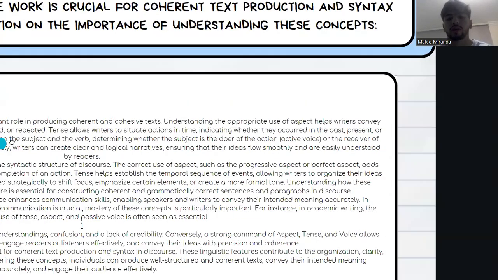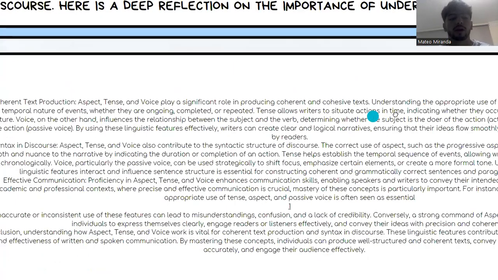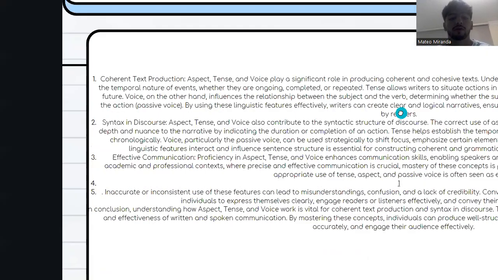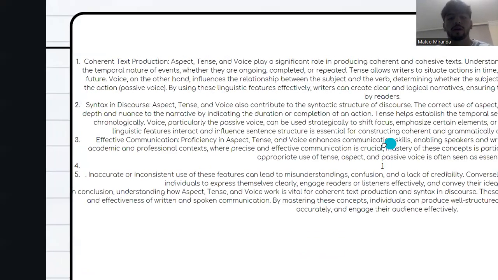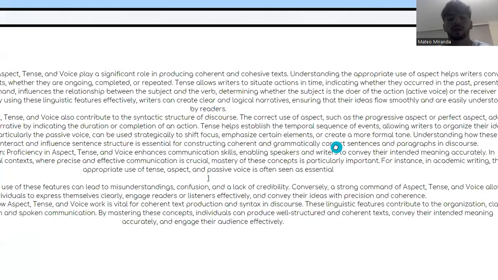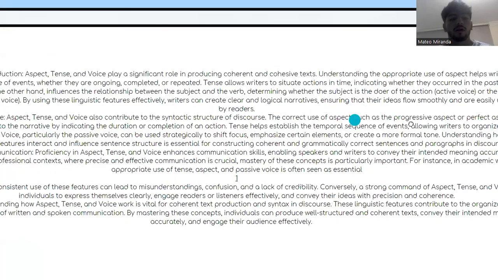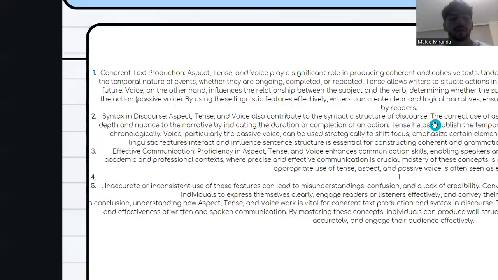Understanding the appropriate use of aspect helps writers convey the temporal nature of events, whether they are ongoing, complete, or repeated. The tense allows the writers to situate action in time, indicating whether they occur in the past, present, or future.